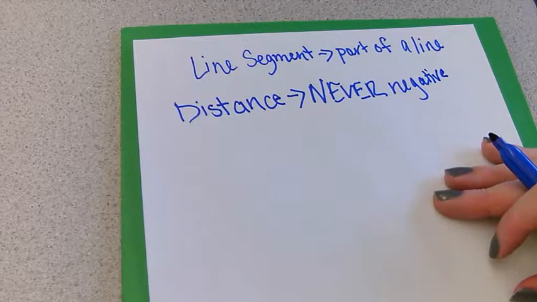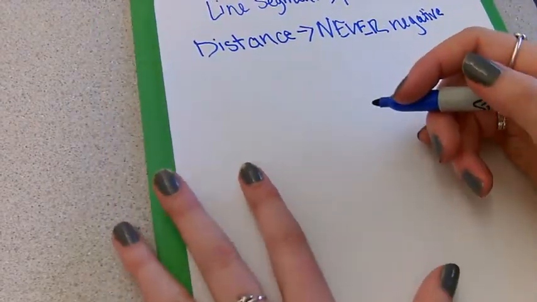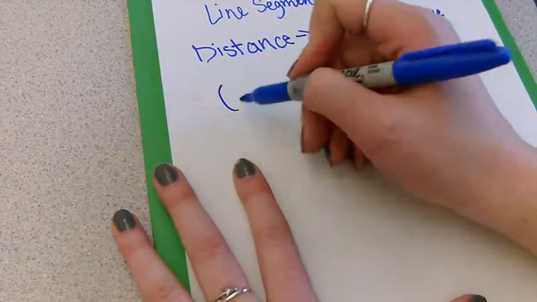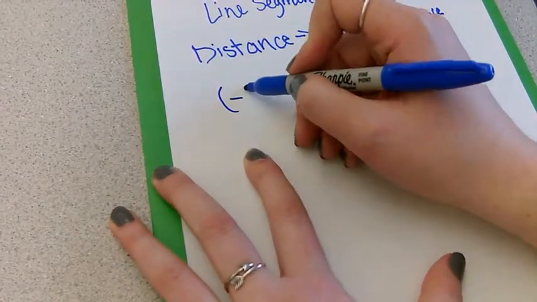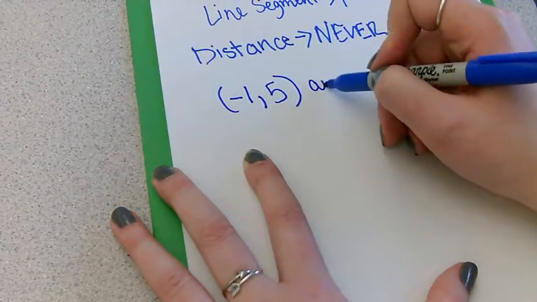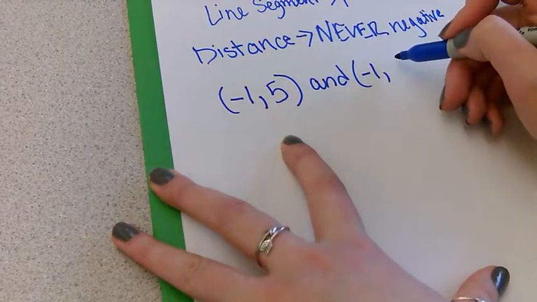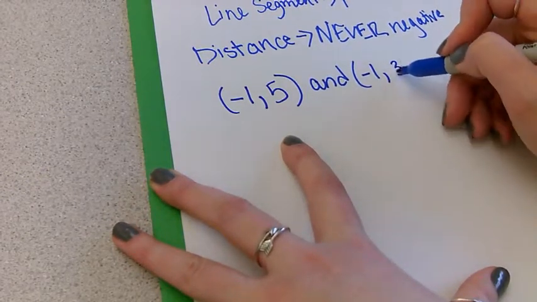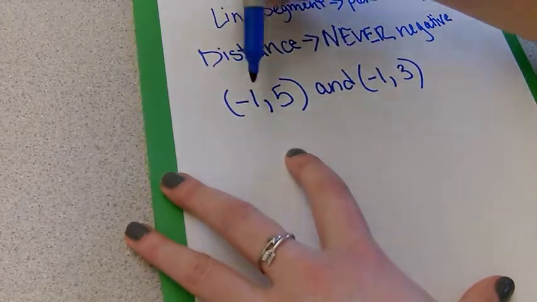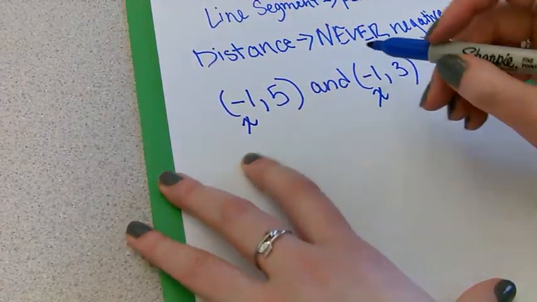And so if we are looking at two ordered pairs, I'll do (-1, 5) and (-1, 3). Now, we know that this x and our x, those are the same.